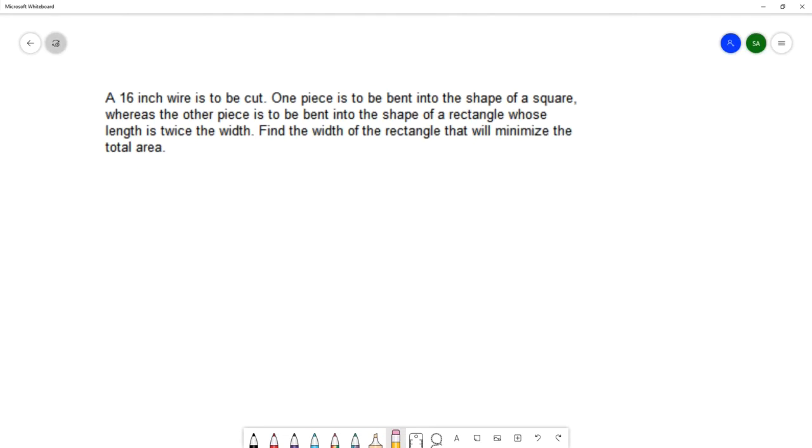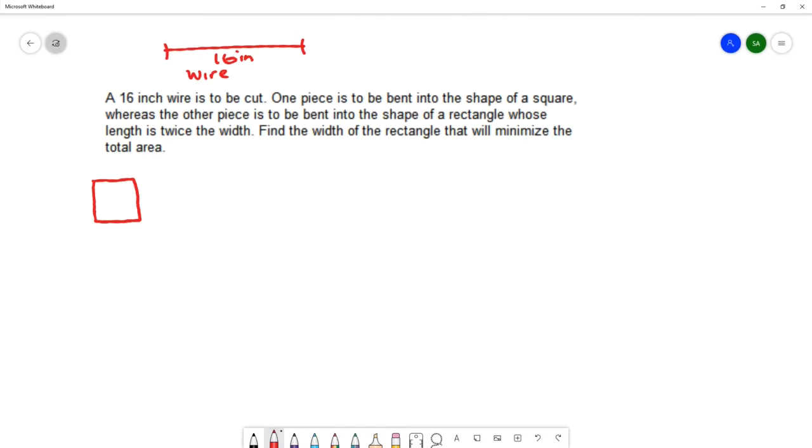So we have a lot going on in this question, so let's start by drawing some pictures. So we know that we have this 16-inch piece of wire. That's the total length of the wire. And that piece of wire is going to be bent into the shape of a square. And what we know about squares is that they have all the same length sides.